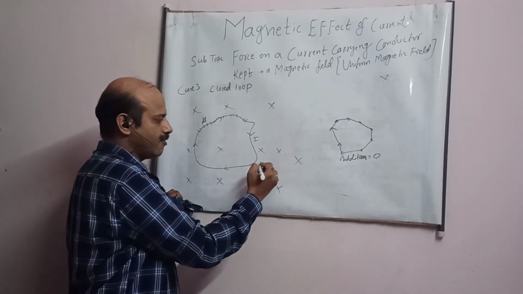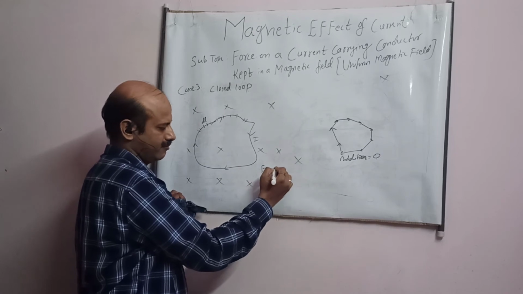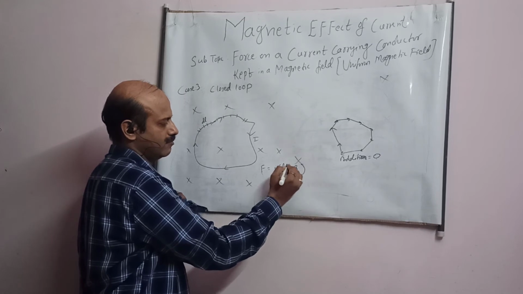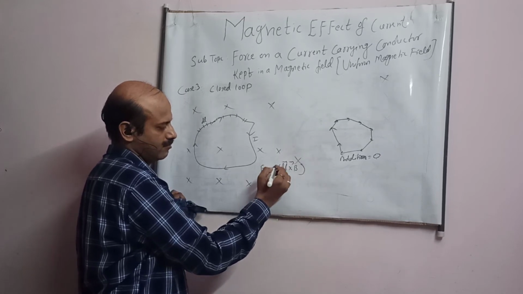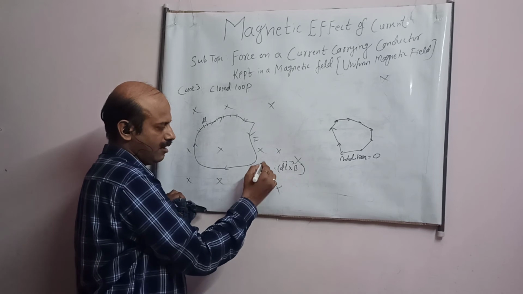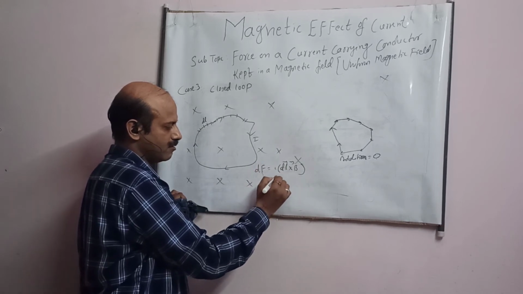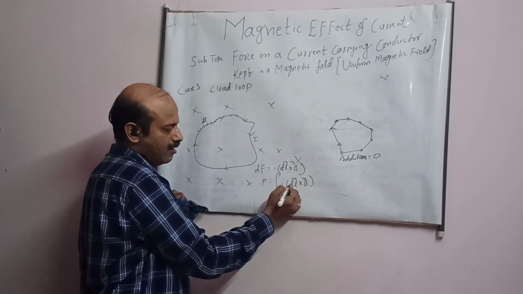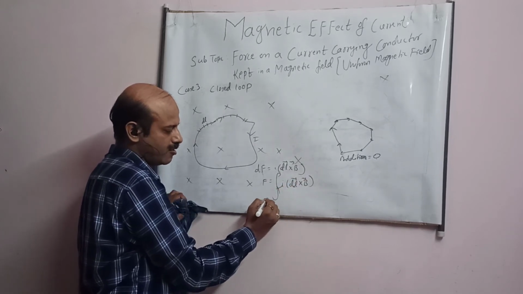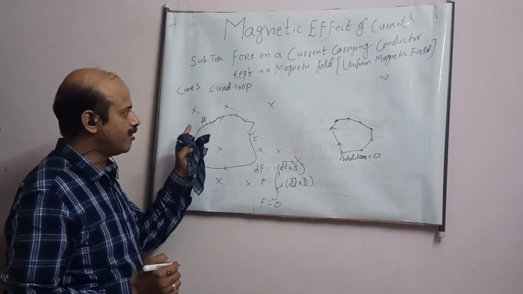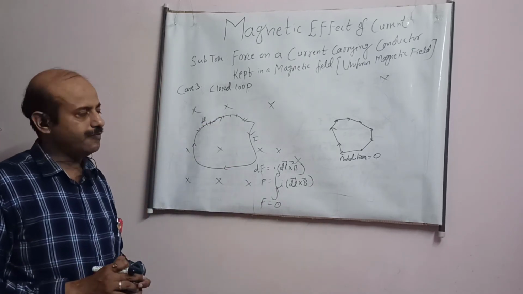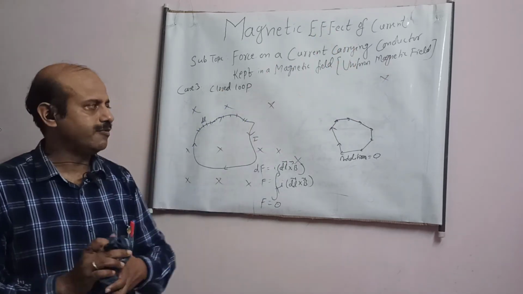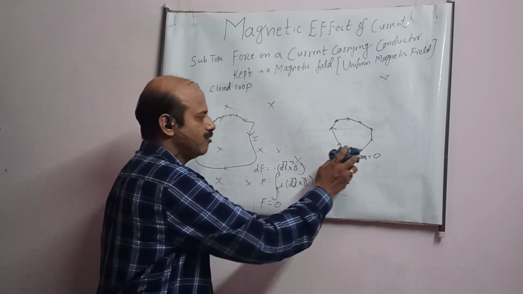Similarly, student, if I apply the formula here, I have to integrate this expression. And this integration will come out to be 0. Hence, student, the force is 0. It is a very important conclusion, student. If a current carrying closed loop is kept in a uniform magnetic field, the net force will be 0.